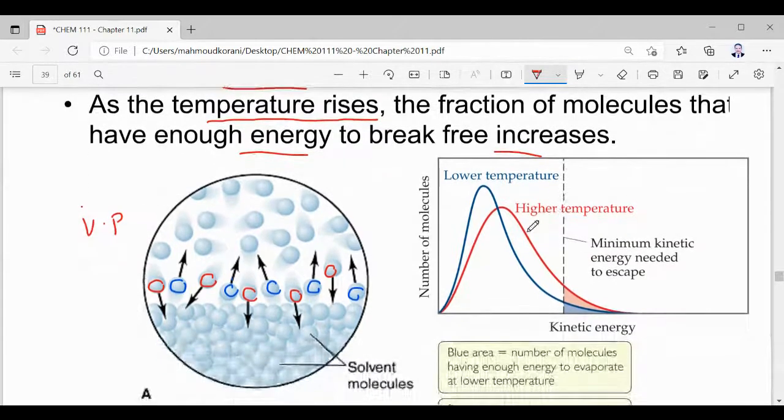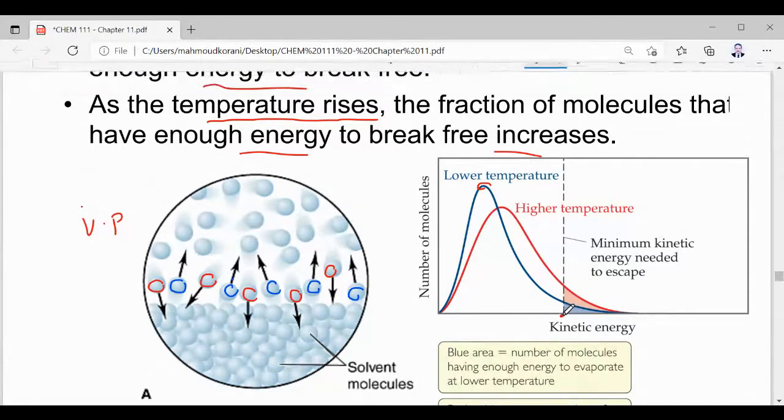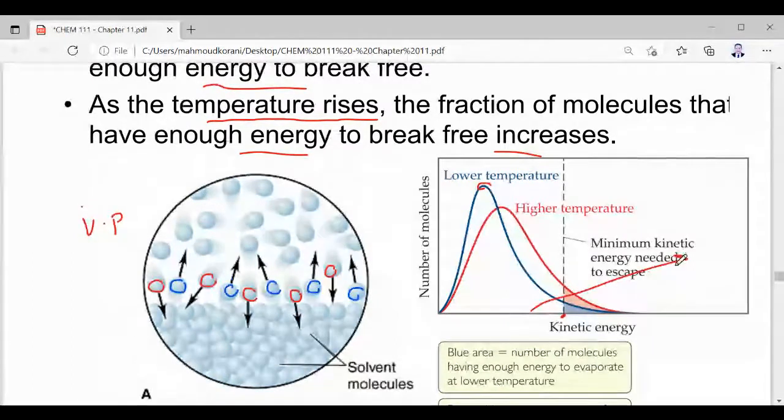Just look at that figure. This is the average kinetic energy against the number of molecules. The blue curve is at lower temperature and the red one is at higher temperature. If you look at the blue curve, this is the minimum kinetic energy for the molecule to escape to the evacuated space.